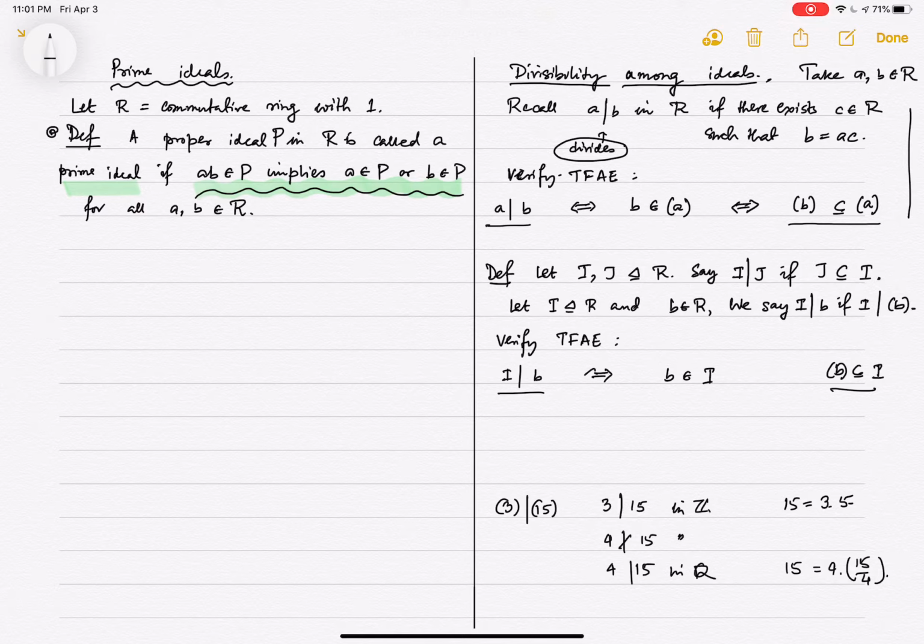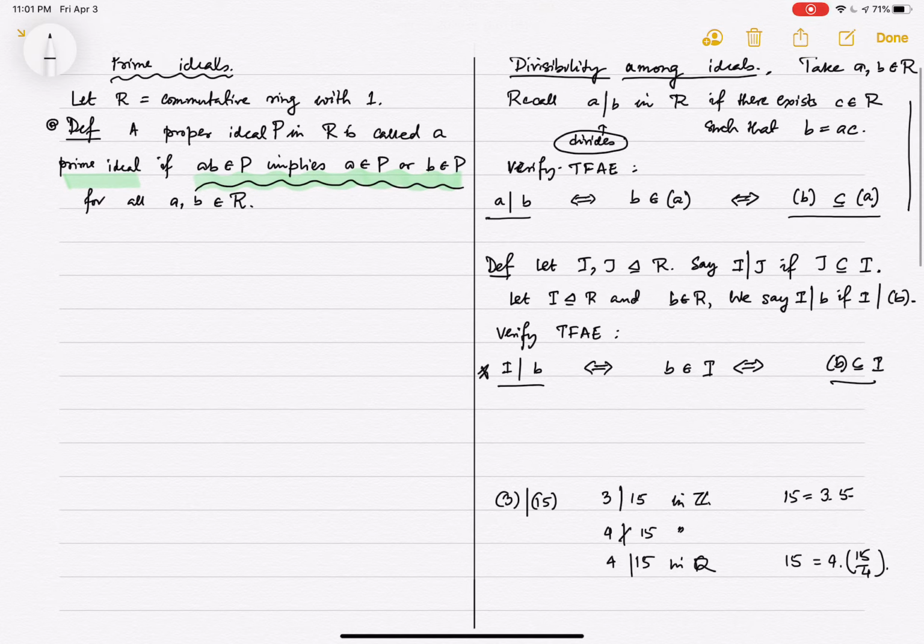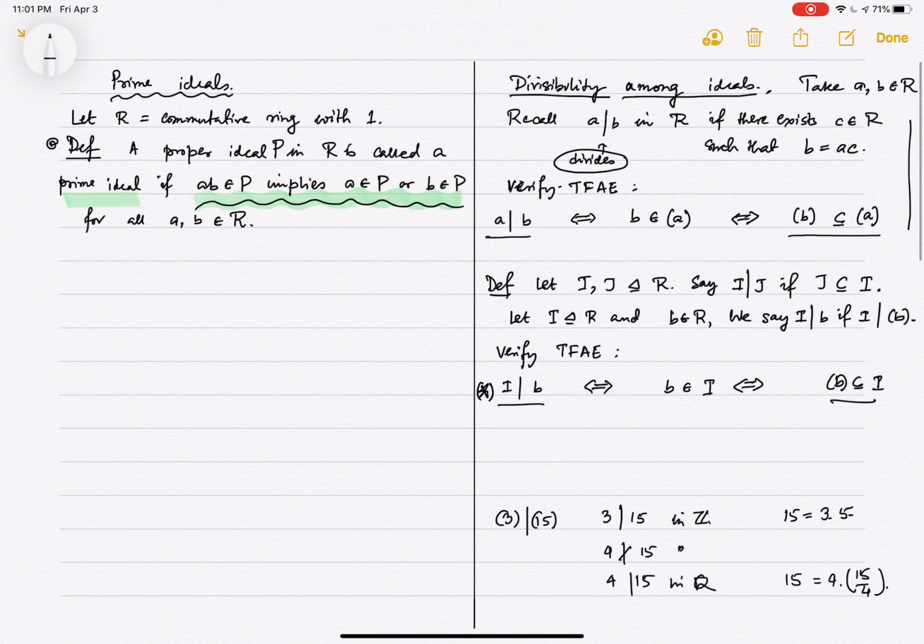So these 3 statements are equivalent. And now you see that the 3 statements here are exactly generalizing the 3 statements up here. From an element, we have promoted the statements to the case of ideals. Instead of an element a, here we have an ideal I. So this is a rather good generalization, all this shows. And in terms of this new notion of divisibility among ideals, what does our definition of prime ideal say?